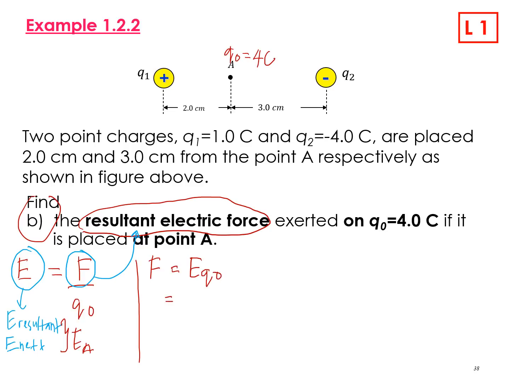So E is equal to 6.25 times 10 to the power of 13 multiplied with the test charge 4 Coulomb, and you will get the answer.